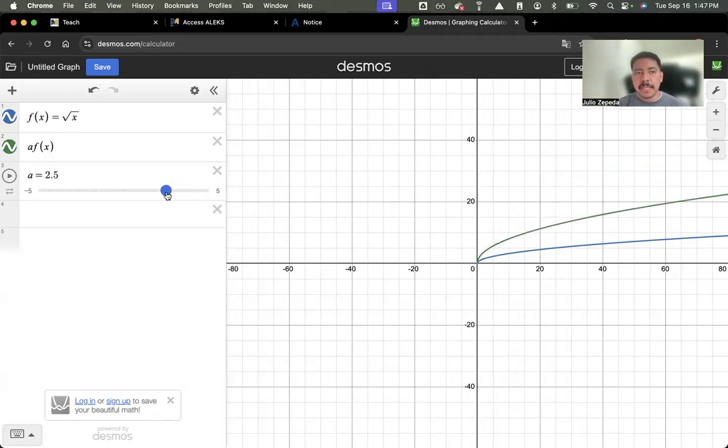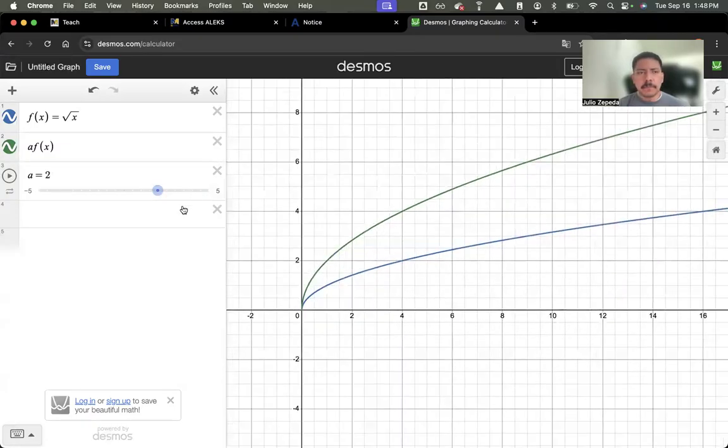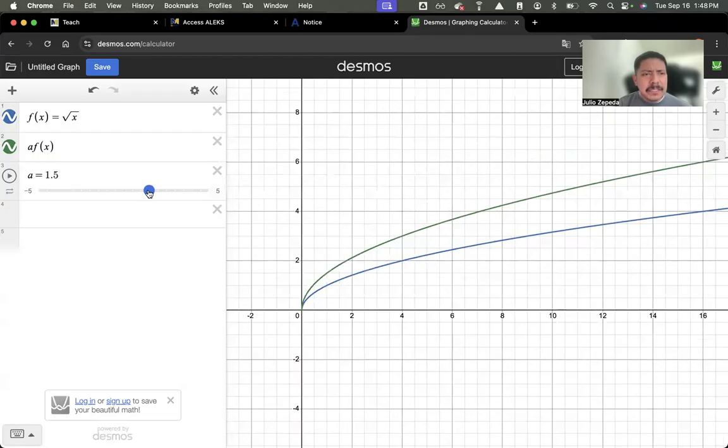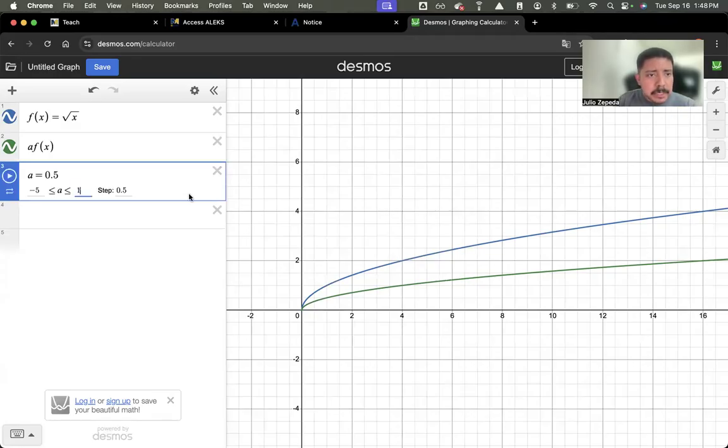Okay. Now, what if I take this number to be less than 1, but still greater than 0, so between 0 and 1? Well, here's a half, and let me go ahead and put different values between 0 and 1.